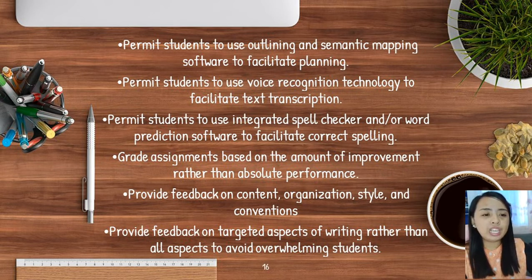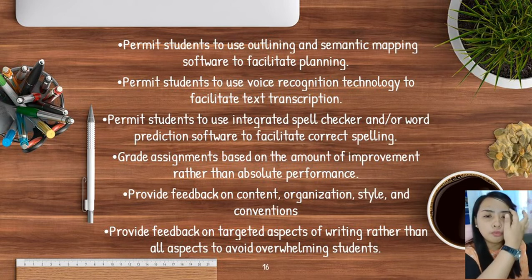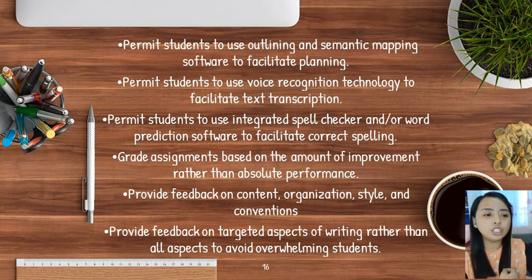They include a key concept or main idea with categorized concepts related to the key concept. The categories related to the central concept and the associations among words are indicated visually in a diagram or map. Next, permit students to use voice recognition technology to facilitate text transcription.